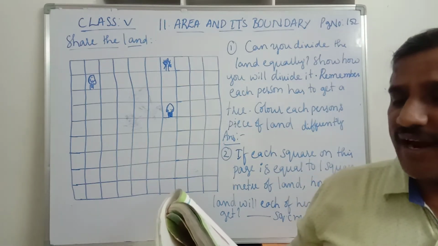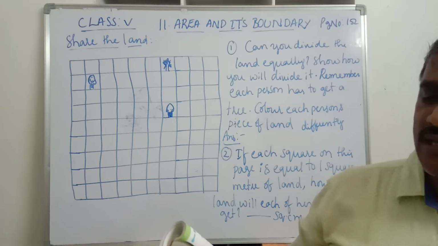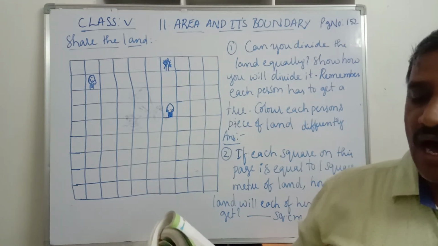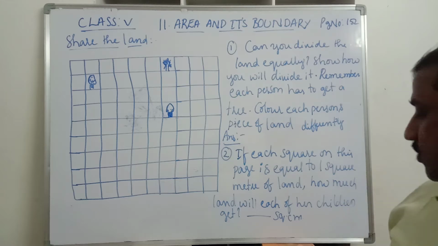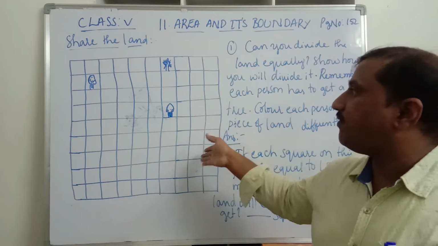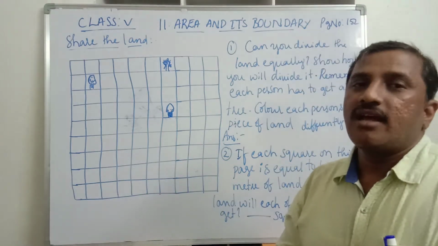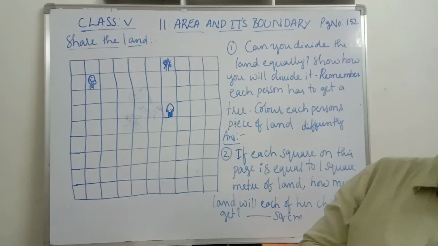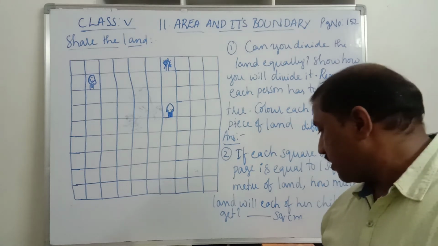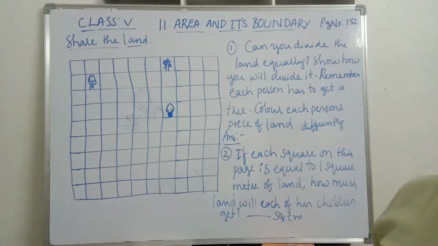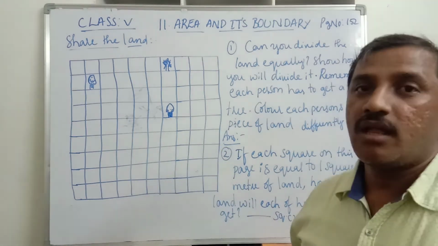She wants to divide the land so that each piece of land has 1 tree. Her land looks like this. So this is the land of Nasrina, and 3 trees are there. Her 3 children are Chumki, Jumri and Imran.